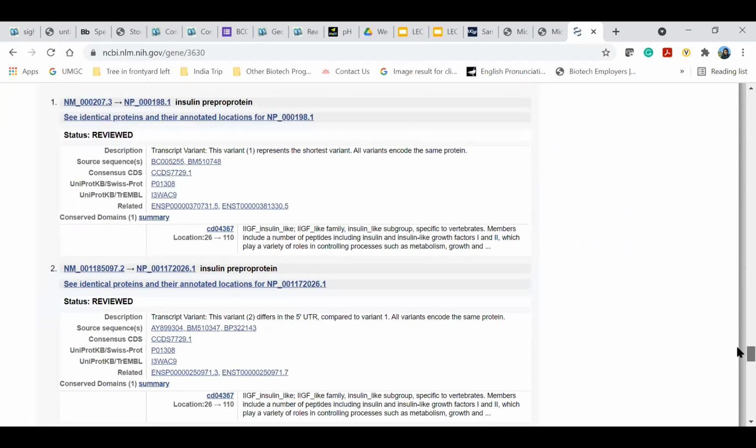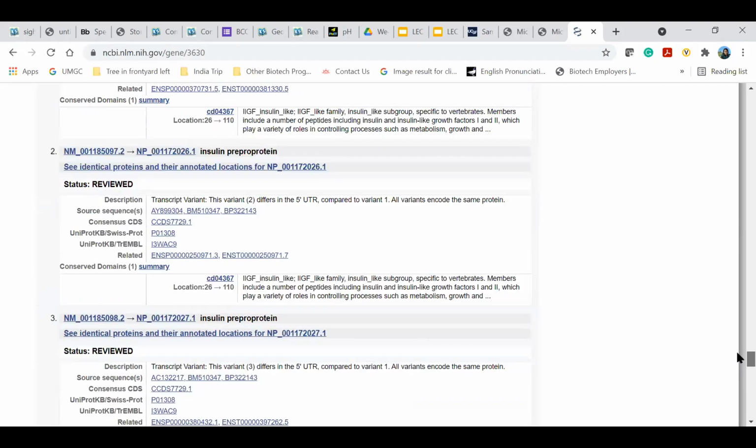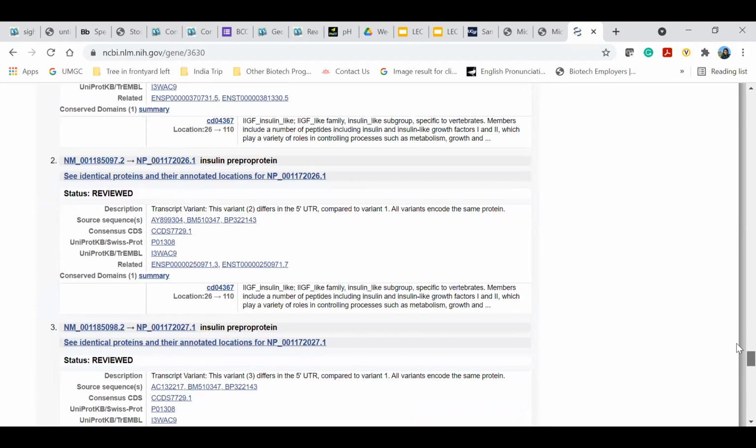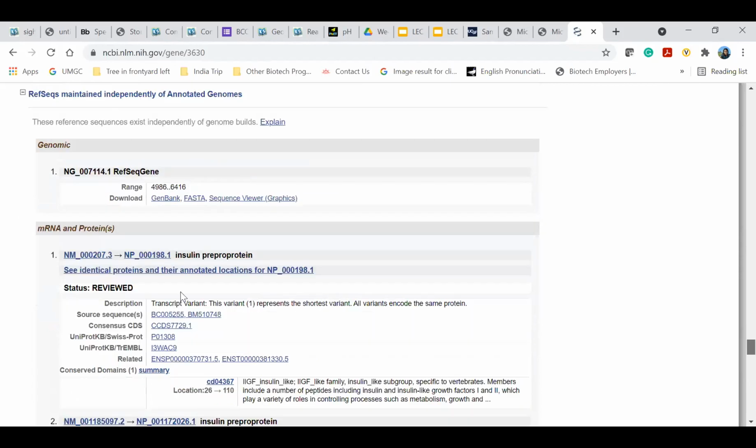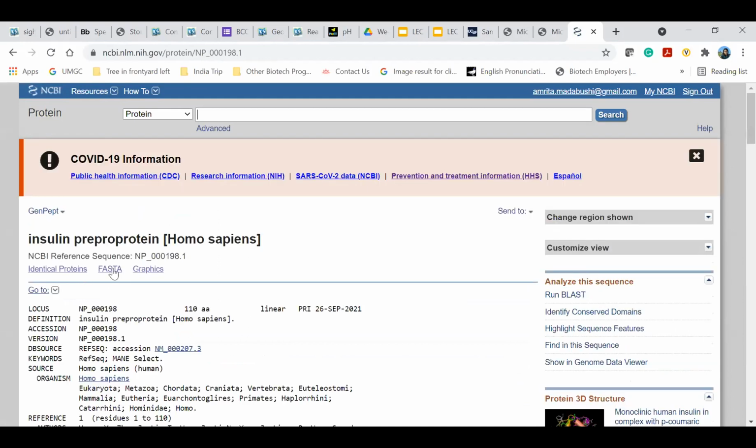Sometimes these things change a little bit. Source sequence, okay. I'm trying to go to the top one, source sequence. I think I clicked on the wrong one, but that's okay. We can always go to the right one.